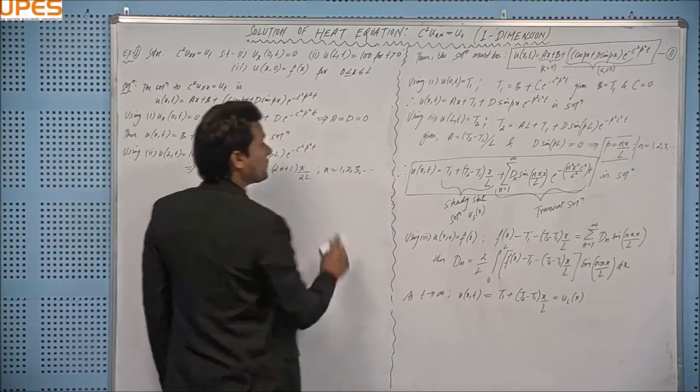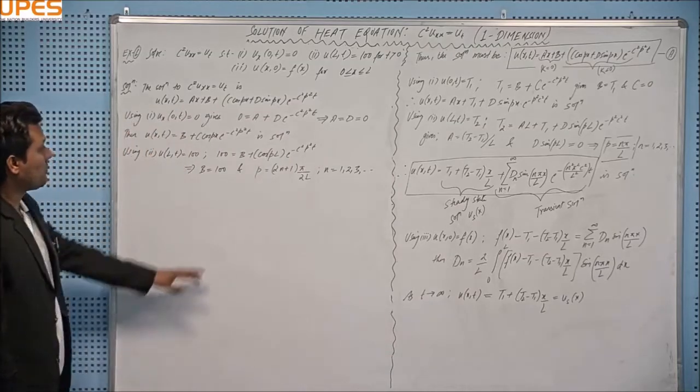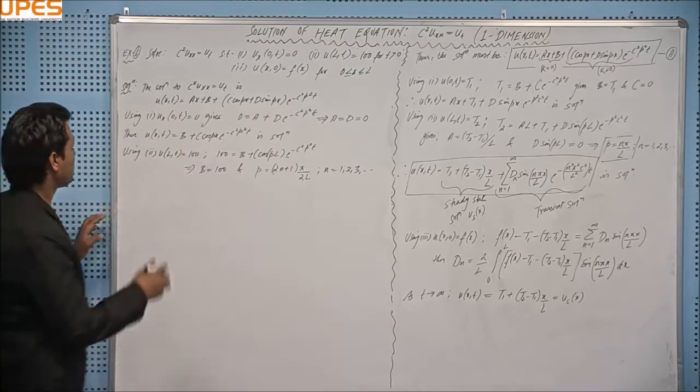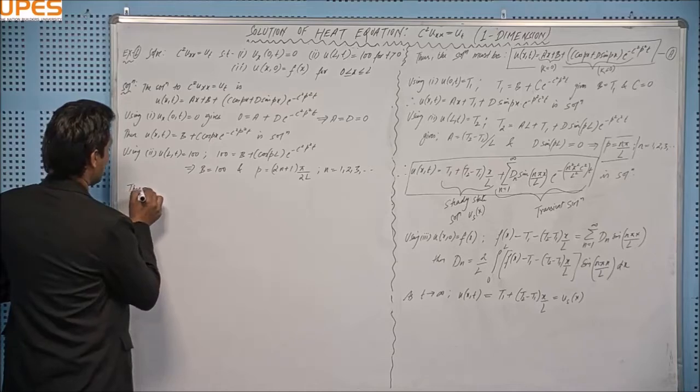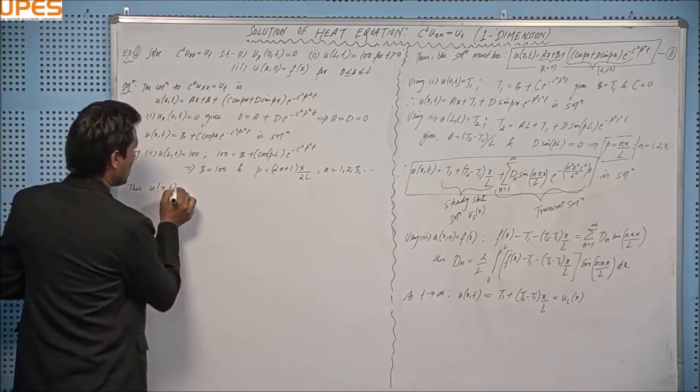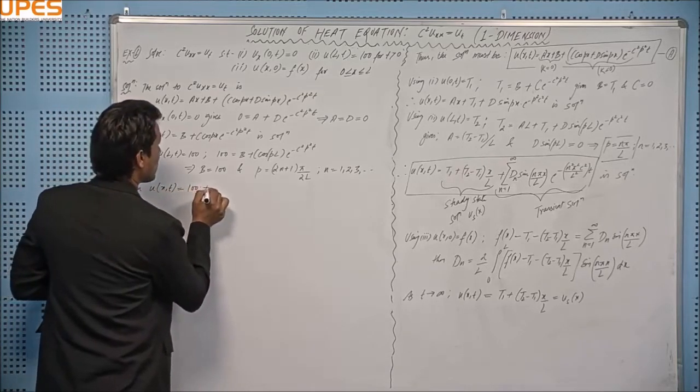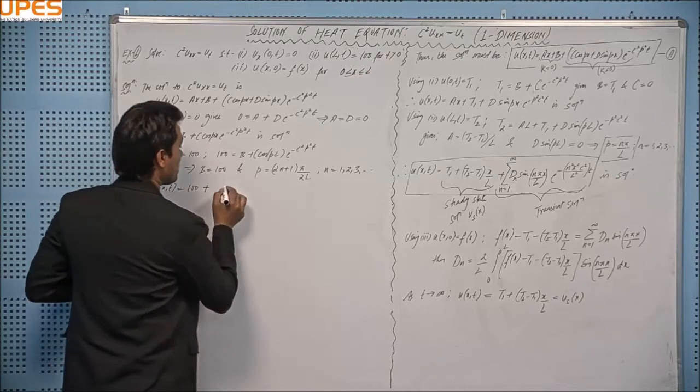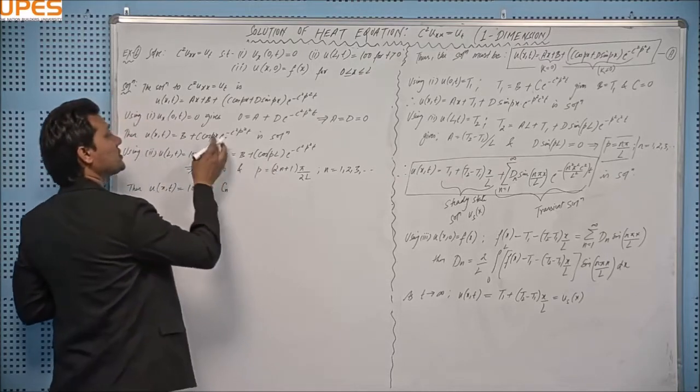That is straightforward, right? And then on plugging this b and p here, u(x, t) equal to 100 plus Cn, because now n enters into my solution.